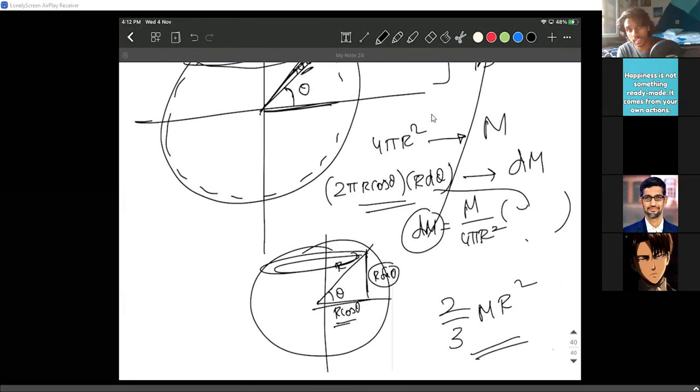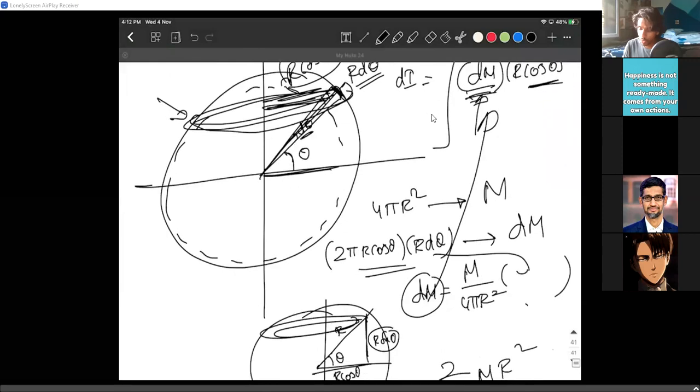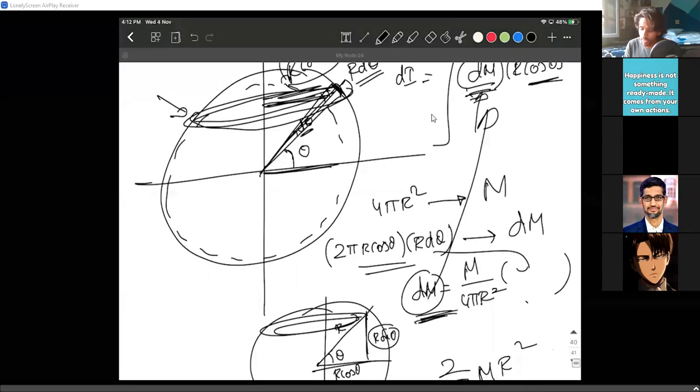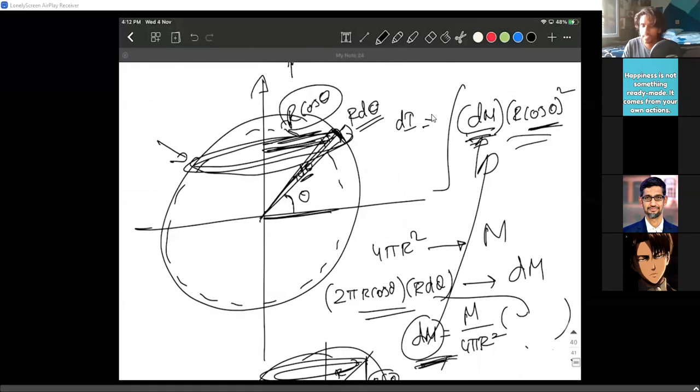The integration process is available in HC Verma. I suggest you go through that if you are really interested. If you consider yourself one of those students who takes this really seriously, watch this video again and do this part. All you have to do is find the dm, put it there and integrate. Why don't you do it and send me the images? Let's see if we can actually do it.